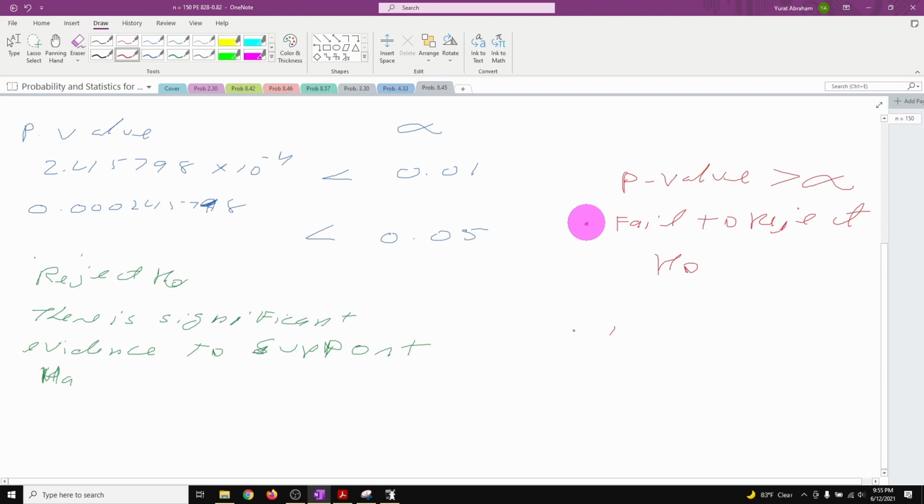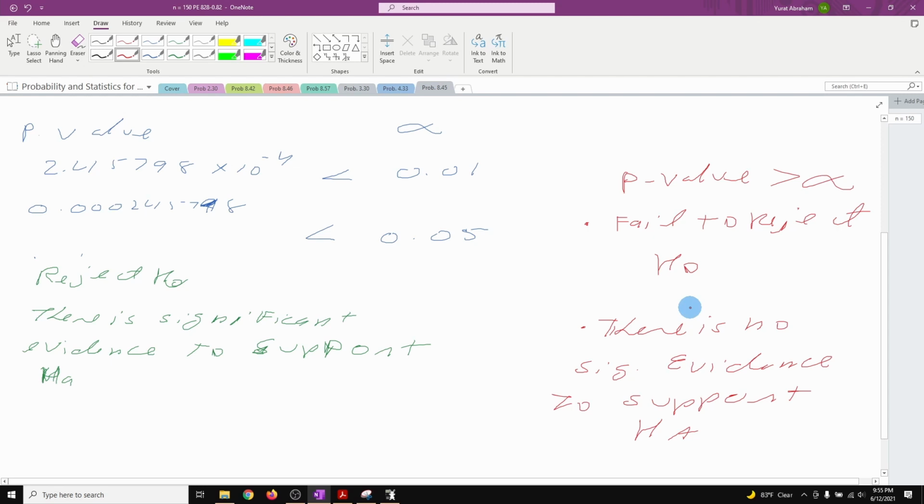And then about the HA, we will say there is no significant evidence to support the HA. Okay, I apologize for my handwriting.